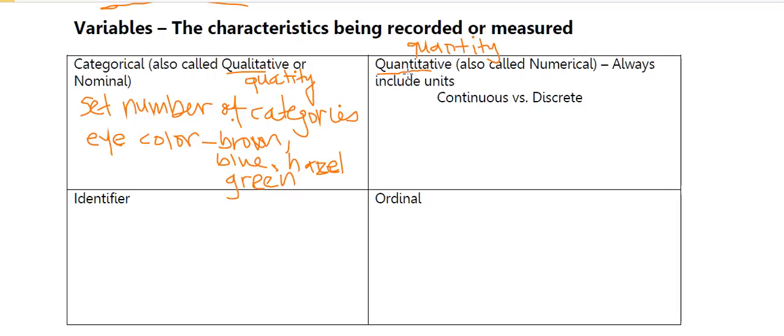I've had students tell me also that they use the N in quantity to remember that it's numerical. Okay, so this is a numerical value. A good example from the stream was the pH level. That is a number.